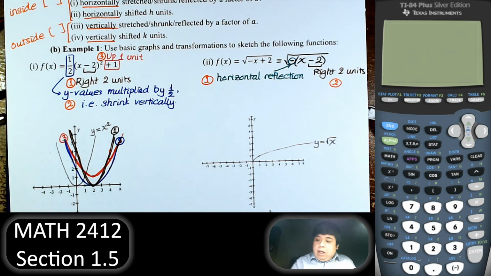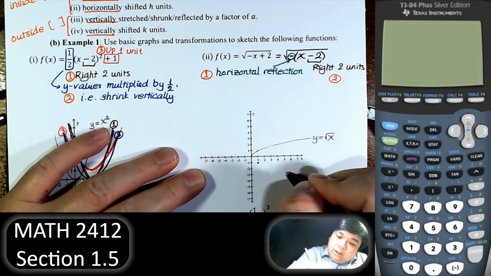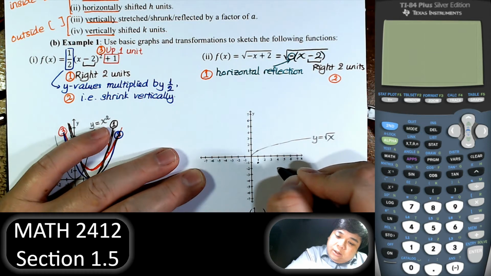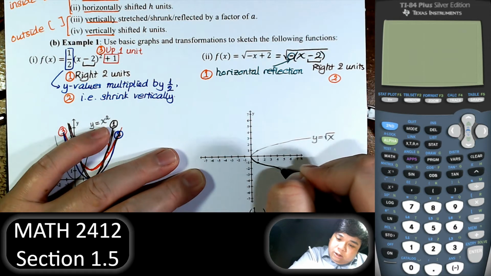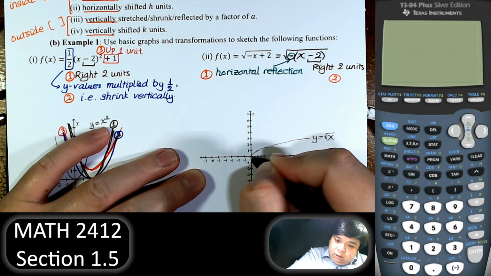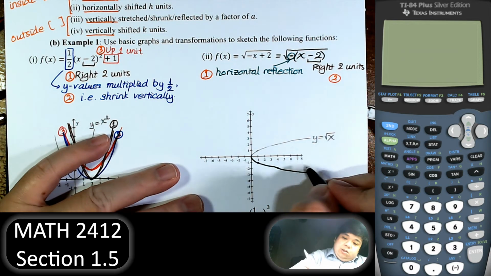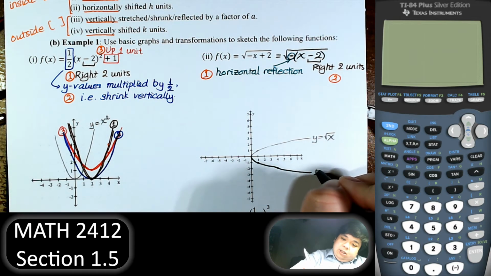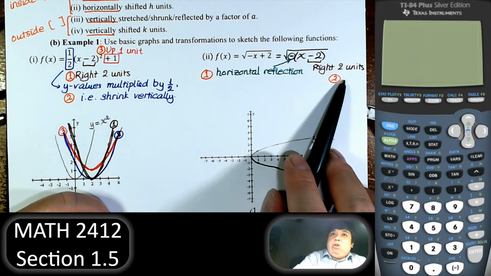So first, reflect, so flip it upside down. So that is the first step. And then move 2 units to the right.